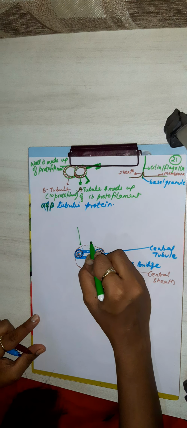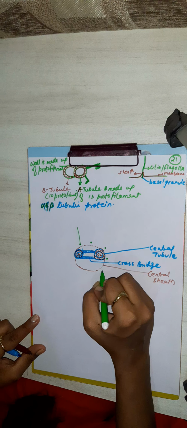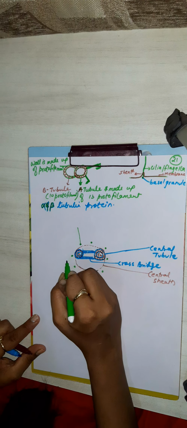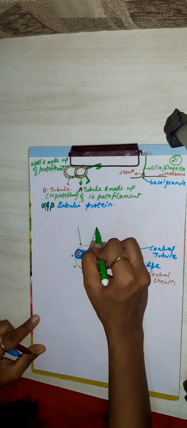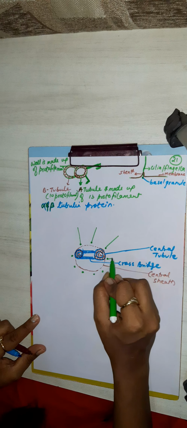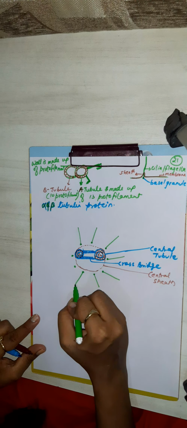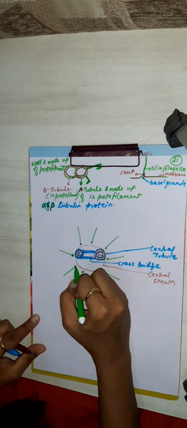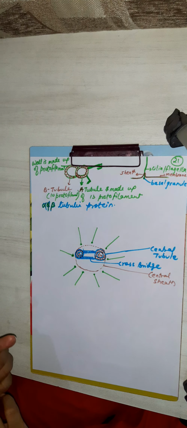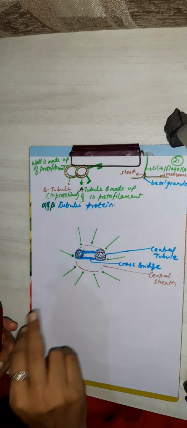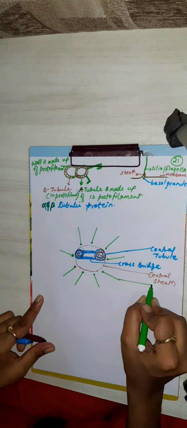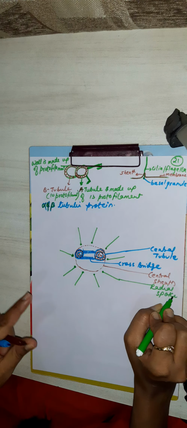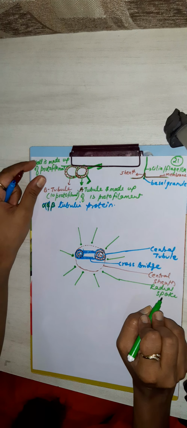One, and this is a radial spoke. Now AB doublets we will make.